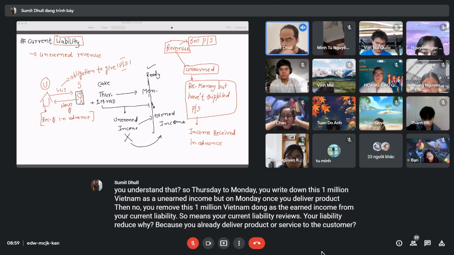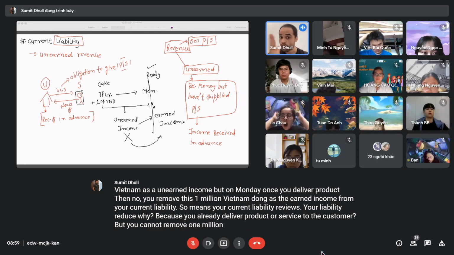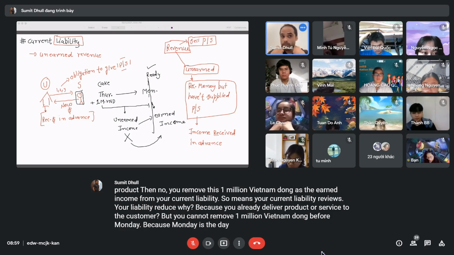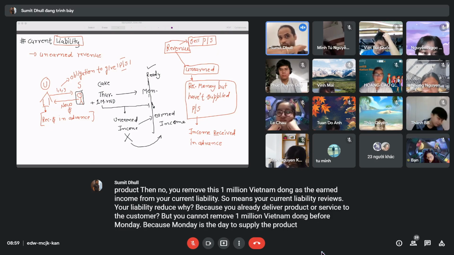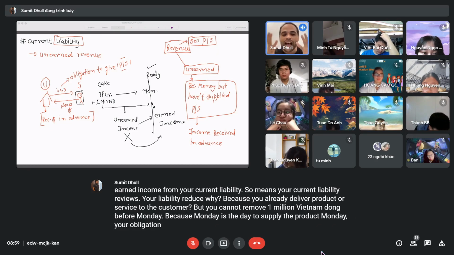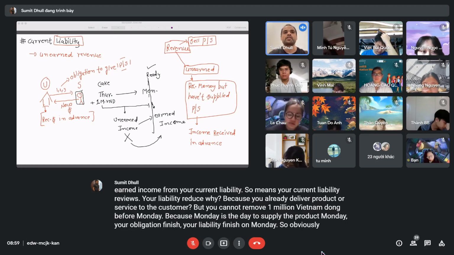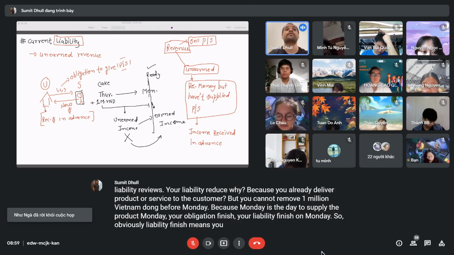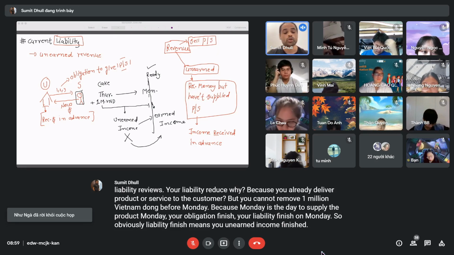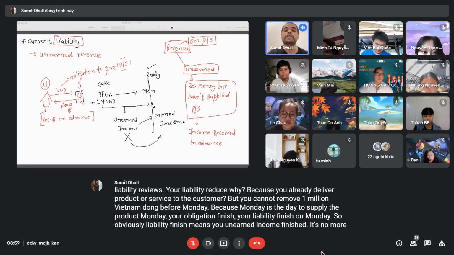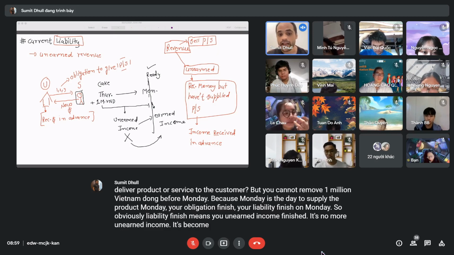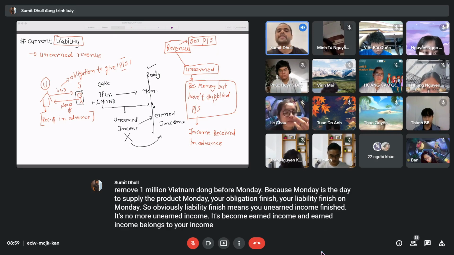But you cannot remove the 1 million Vietnam dong before Monday, because Monday is the day to supply the product. On Monday your obligation and liability finish. So obviously, liability finishing means your unearned income is finished. It's no more unearned income, it becomes earned income. And earned income belongs to your income statement that we will discuss later.